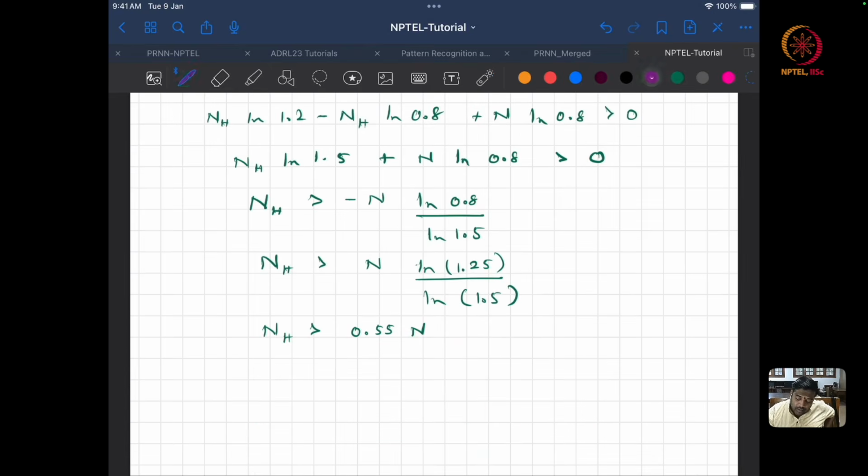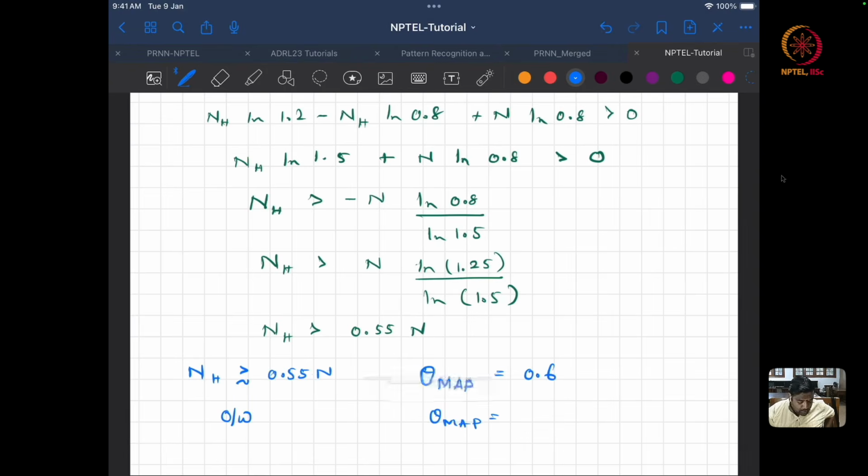Now finally, I will write that when nh is approximately greater than 0.55 times n, then theta MAP, I will take it as 0.6. Otherwise, I will consider my theta MAP as 0.5. This is almost similar to what my assumption was, right? Not exactly, I did not get 0.55, but yeah, similar to the assumption that we made.